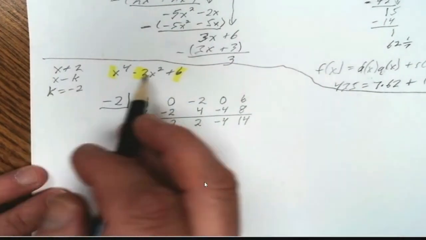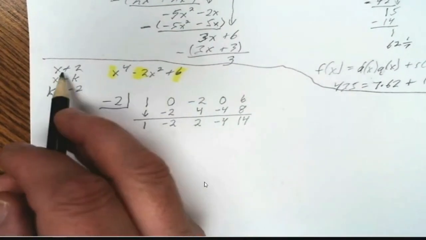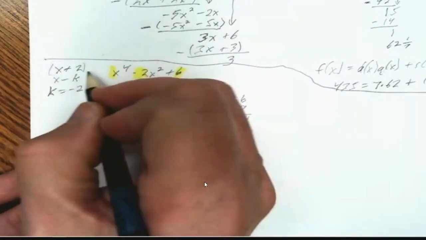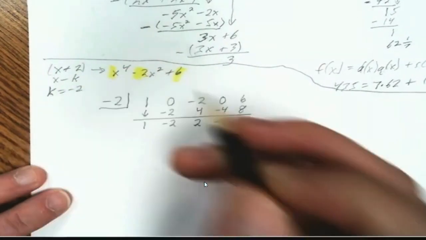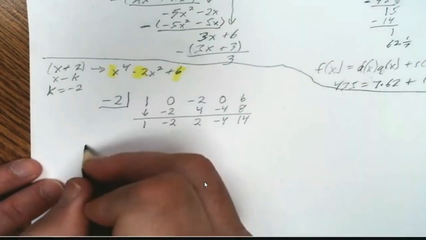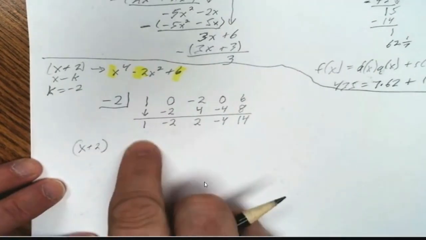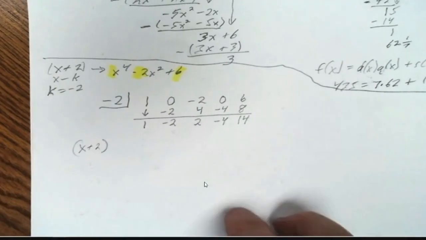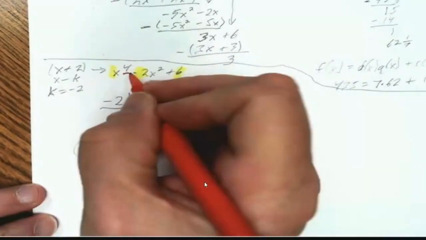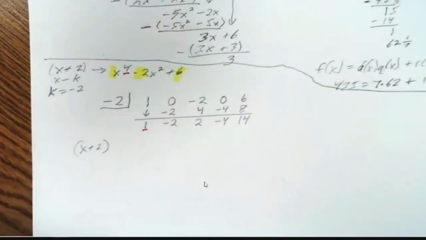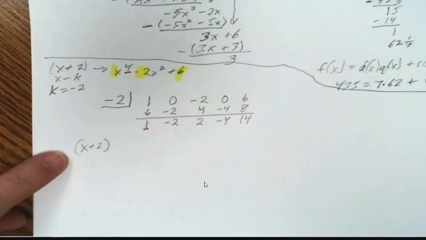So if we want to know, if we divide x plus 2 into this, what does that give us? Well, so the factors are x plus 2 because we just factored that out. And what's left? Since our original was an x to the fourth, that means this is the coefficient of x to the third because we divided one of the x's out.